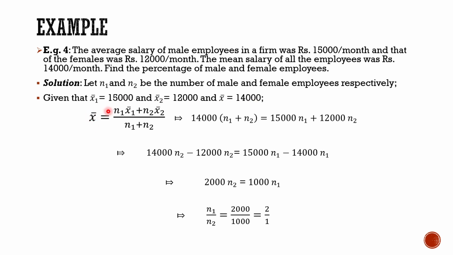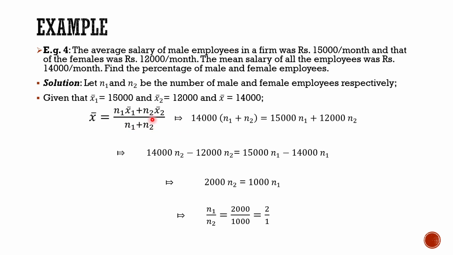So how we get the composite mean is, we take the number of observations in the first group multiplied by the mean of that group, plus the number of observations in the second group multiplied by the mean of the second group, and divide by the total number of observations, meaning the male and female employees both.